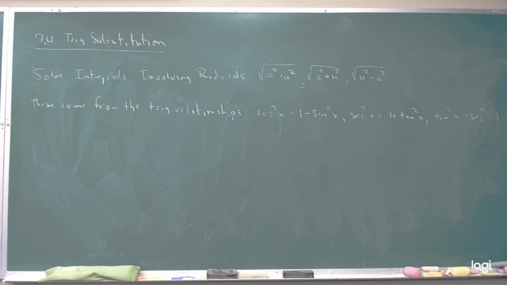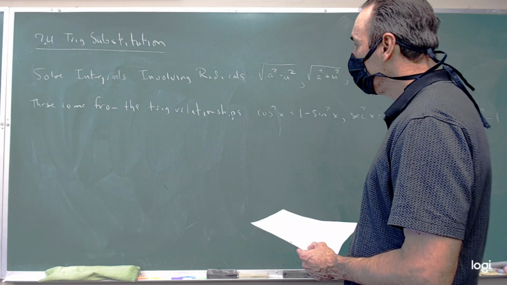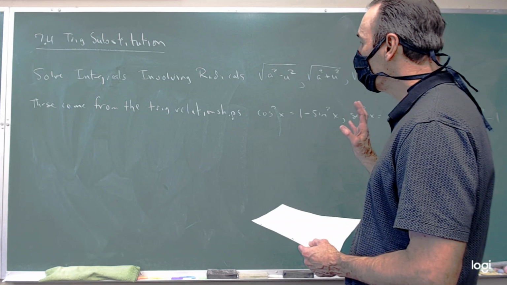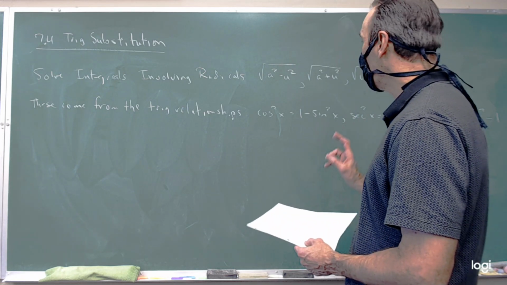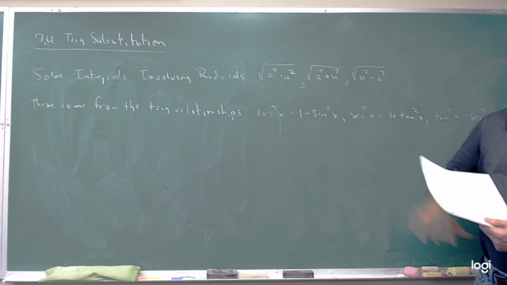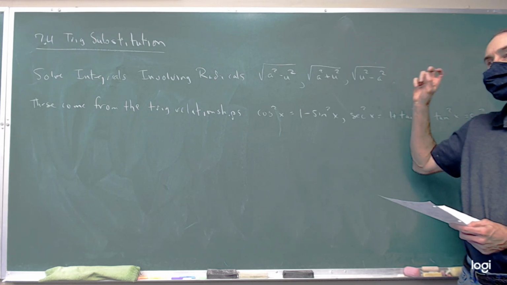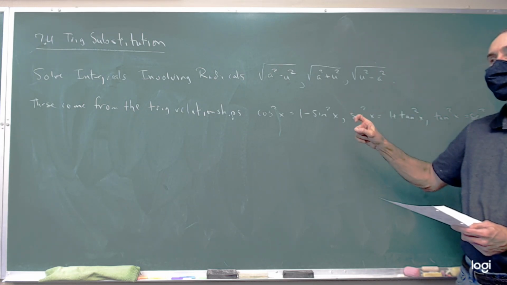or the secant or the cosine. Okay, so what we're going to do is look at an integral, and based on what kind of radical we see in the integral, we're going to label the sides in our triangle.